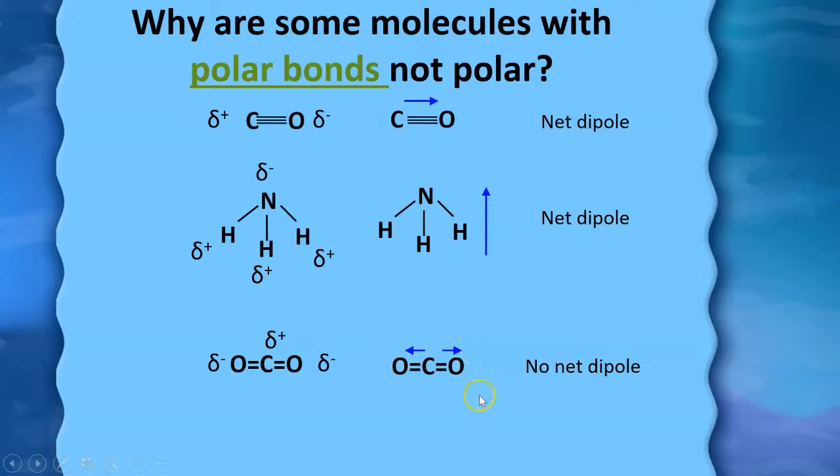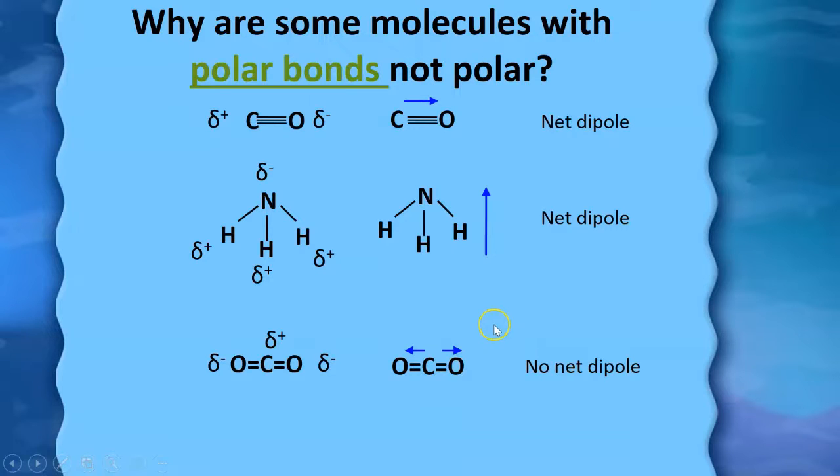However, not all polar bonds come in polar molecules, because if it is symmetrical, remember, those net dipoles cancel out. So there's exactly as much dipole going to the left as there is to the right on CO2. It is perfectly symmetrical, and so this ends up being a non-polar molecule.